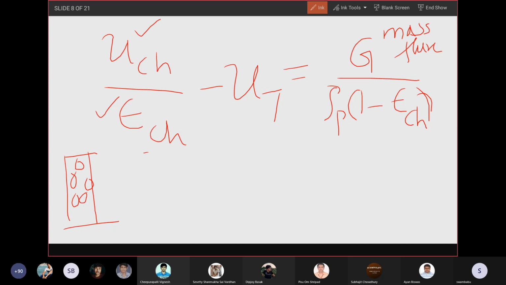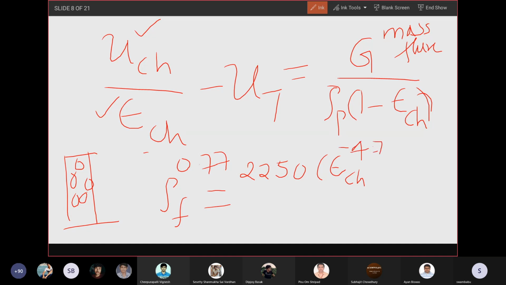So if you want to solve for two variables, we definitely need two equations. There is another important empirical correlation: the density of the fluid to the power of 0.77 equals 2250 times (the void fraction at choking conditions minus 1) to the power of minus 4.7, divided by the choking velocity over the terminal velocity U_t.